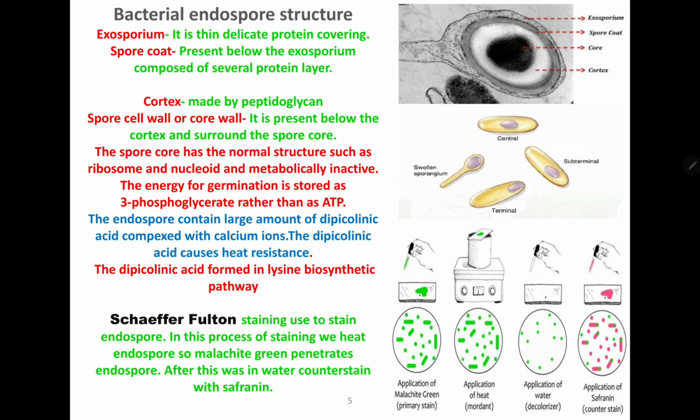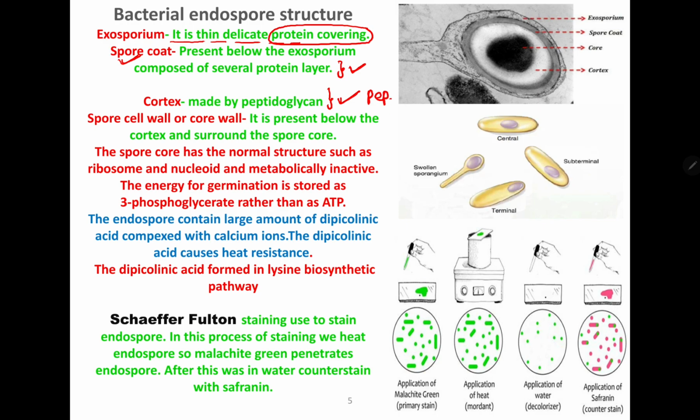This exosporium is a thin delicate layer formed by protein, right? Then the next layer is called the spore coat. The spore coat is present below the exosporium and is formed by a different kind of protein, so it's also a proteinaceous layer. Then there is a thick layer called the cortex, which is made of peptidoglycan.